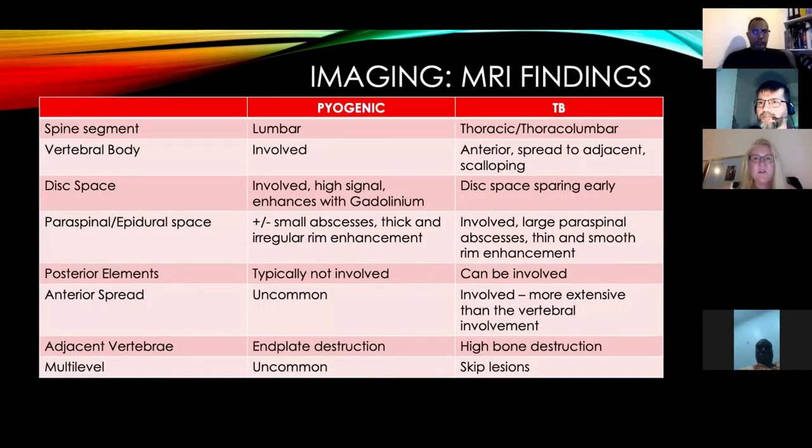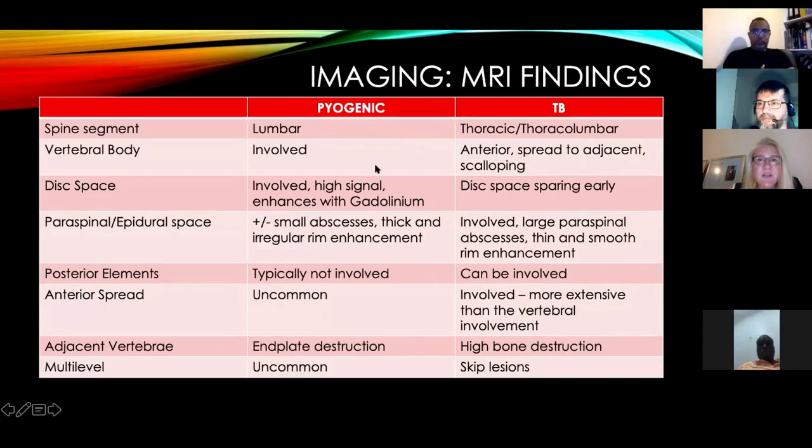So this is just a table to show the difference between MRI findings in a pyogenic spondylodiscitis versus a TB. So in a pyogenic, most often affects the lumbar region, whereas TB tends to prefer the thoracic and thoracolumbar region.